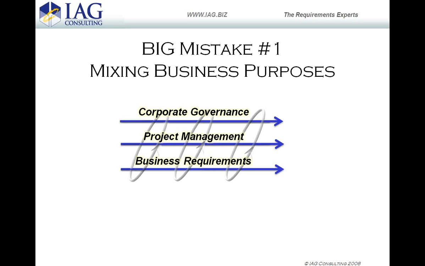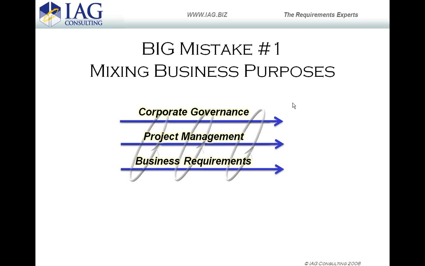So benefit realization is really the corporate governance layer. There's the project management, which is the scope and the management, the entire end-to-end of how we are executing on this. And then there's the business requirements piece, okay? The three parts of this are interdependent, but they're completely separate processes.